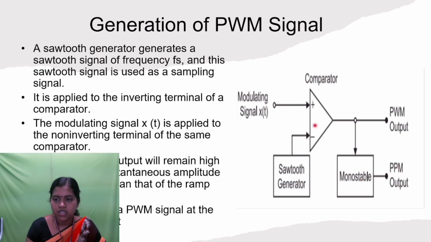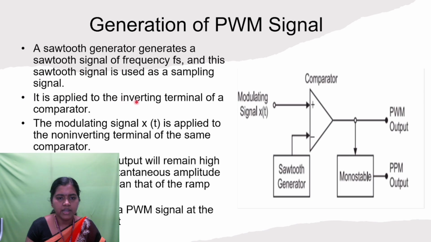First, to get pulse width modulation, you need one comparator and a sawtooth generator which generates a sawtooth signal of frequency fs, and this sawtooth signal is used as a sampling signal.